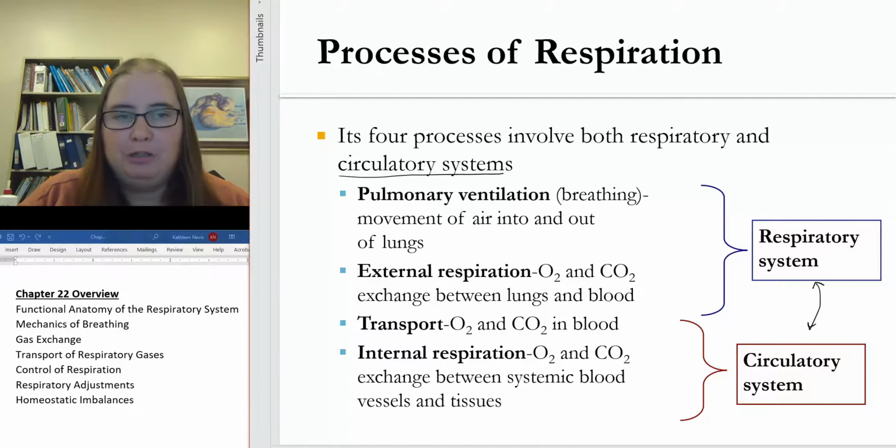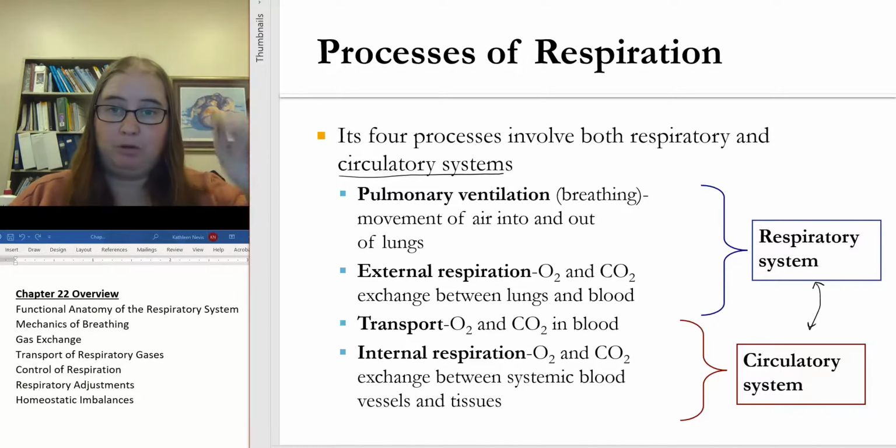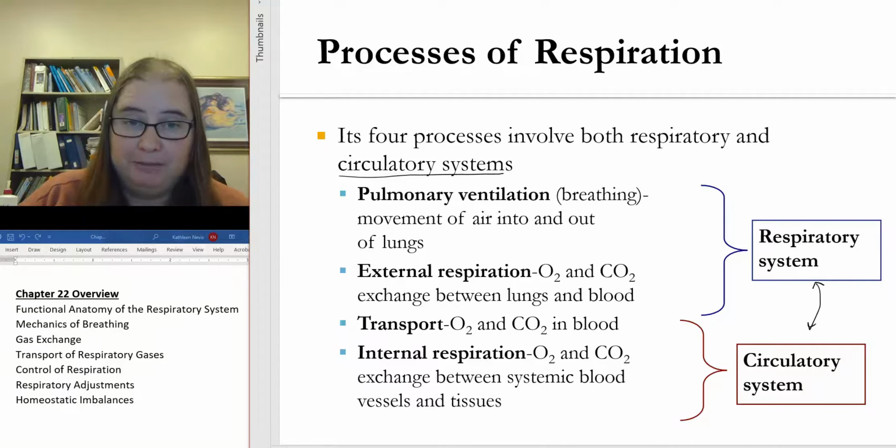Within the respiratory system, our first process is pulmonary ventilation, which is just breathing, right? We breathe in, we breathe out, we breathe in, we breathe out, right? This kind of cyclic process of air movement.